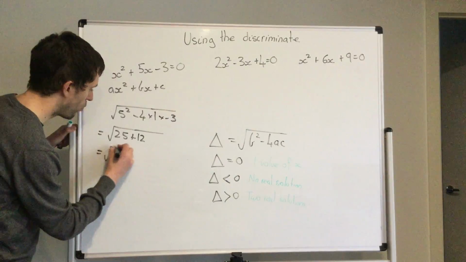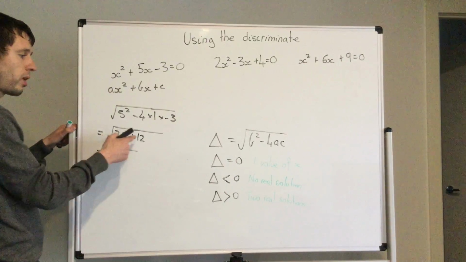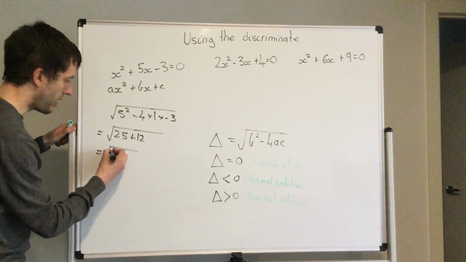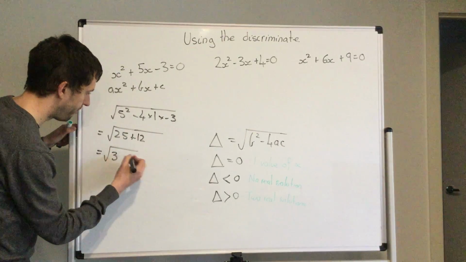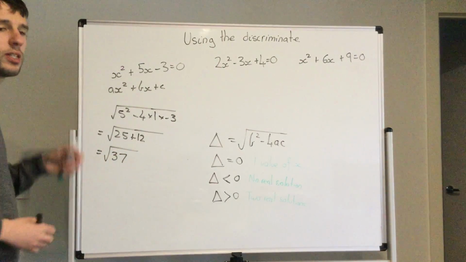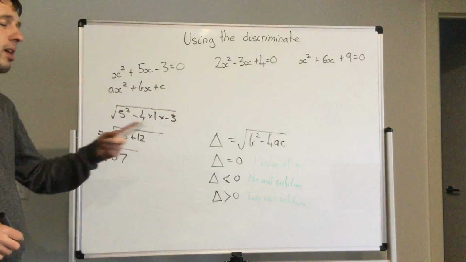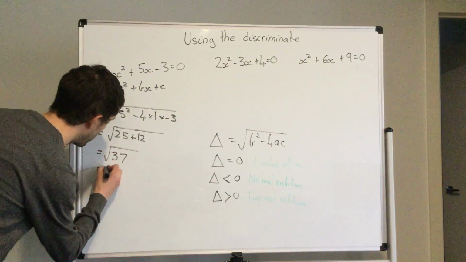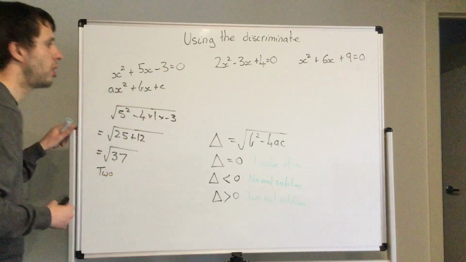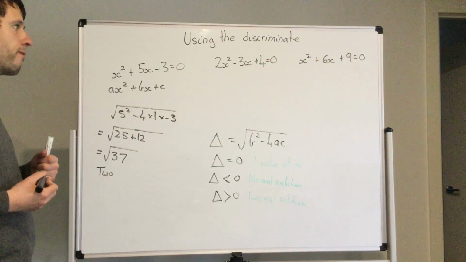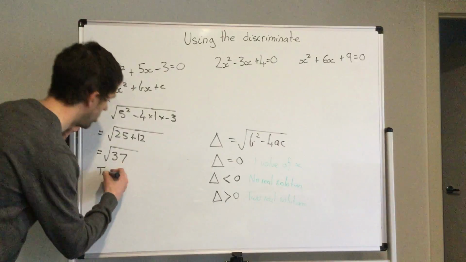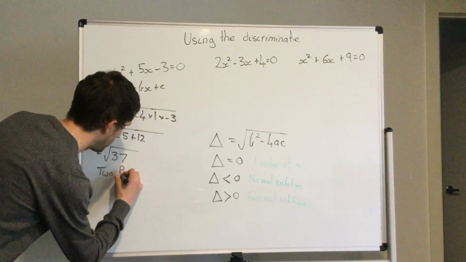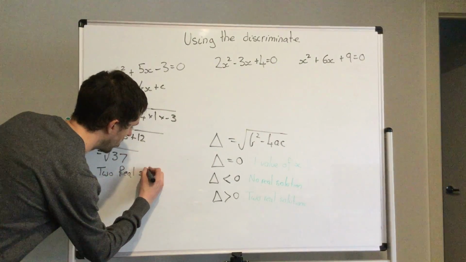So the square root of 25 plus 12 equals 37. Square root of 37. Now, this means that there's going to be two real solutions. And to find them, I'm going to use the whole quadratic formula to get my two solutions.